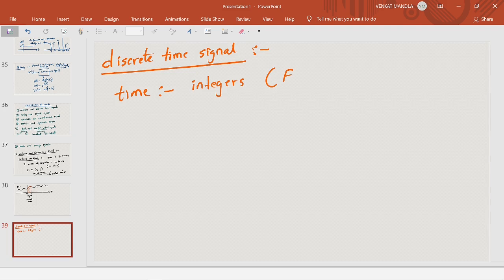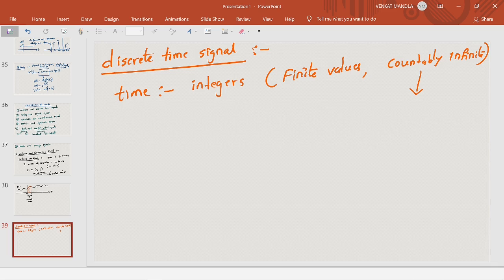The values are countably infinite. What is the meaning of countably infinite?